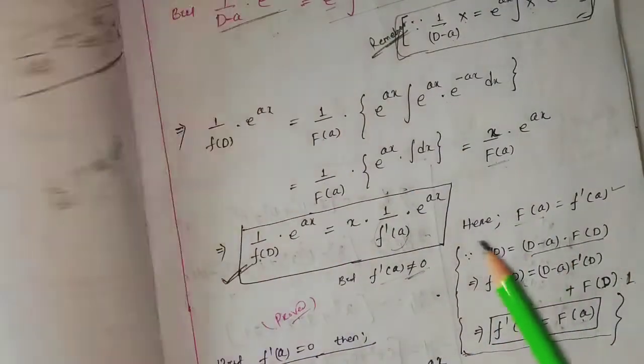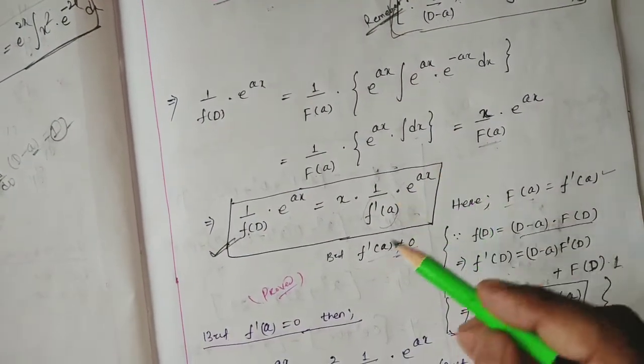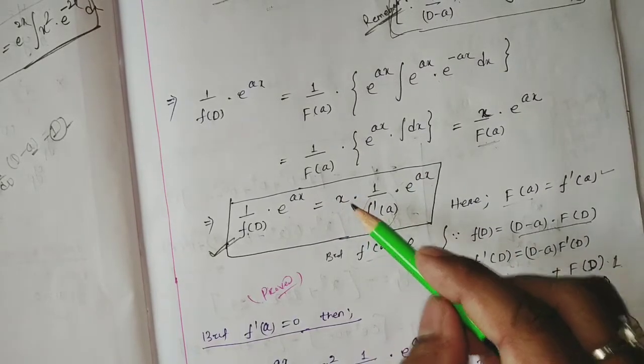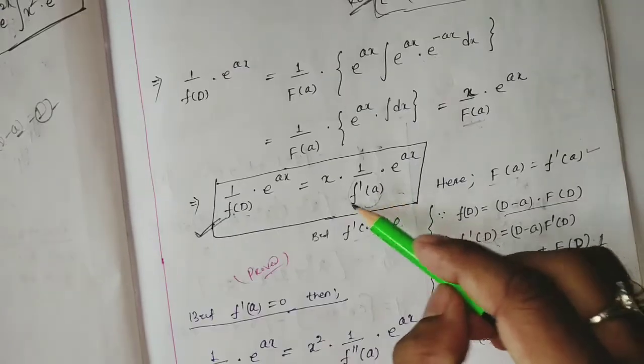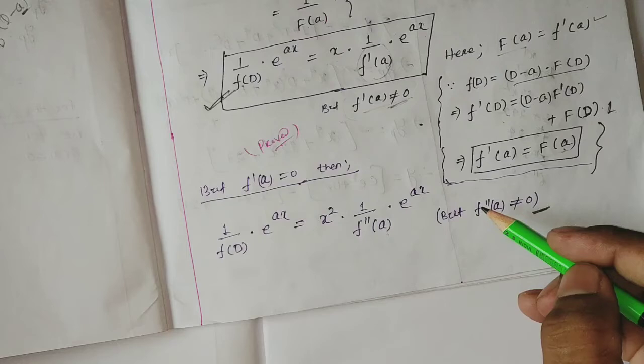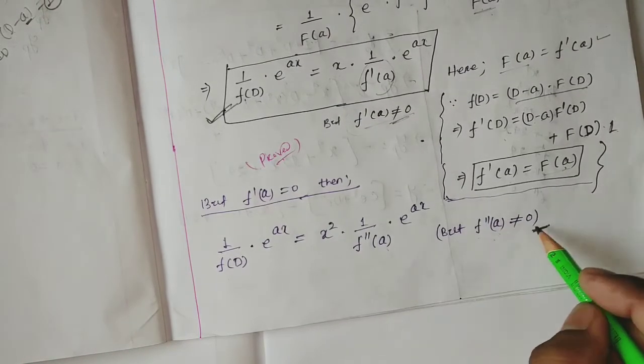So if again f dash a equal to 0, then the same procedure we have to follow, and we are going to get again another x multiplied, so it will be x square and its derivative, that means f double dash a into e to the power ax. Here we have to remember one thing, that f double dash a should not be 0.